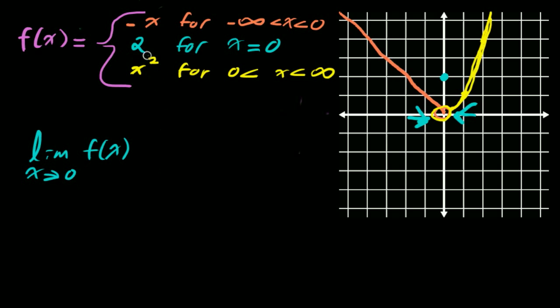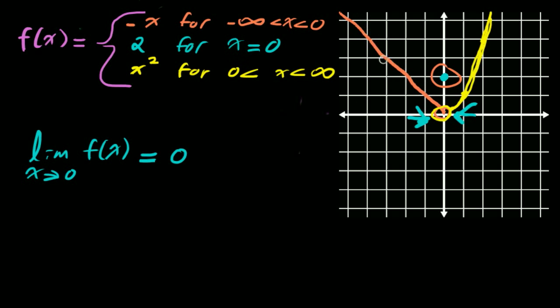It's interesting because the answer, and hopefully you can see this, is going to be 0, even though that's not what our function is defined as at this point. Our function is defined as f of x equal to 2 for x equal to 0.